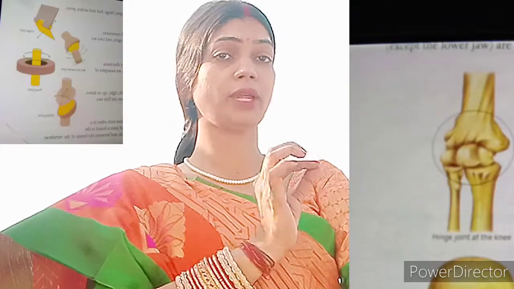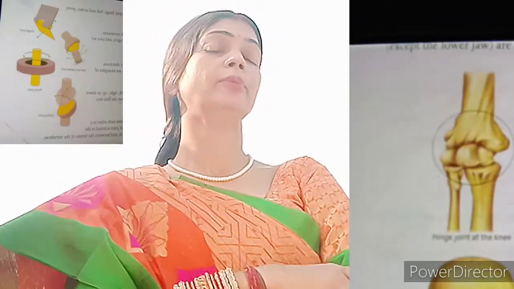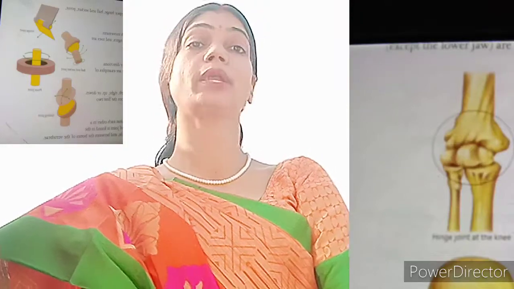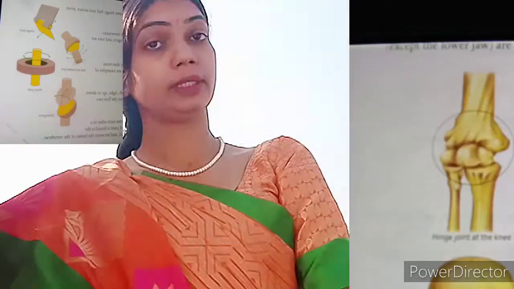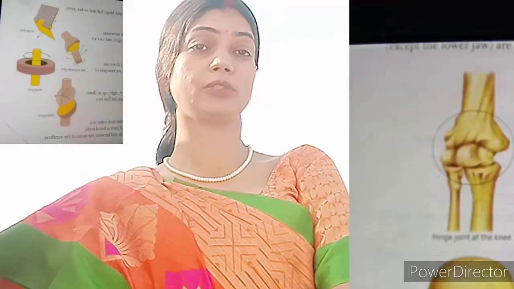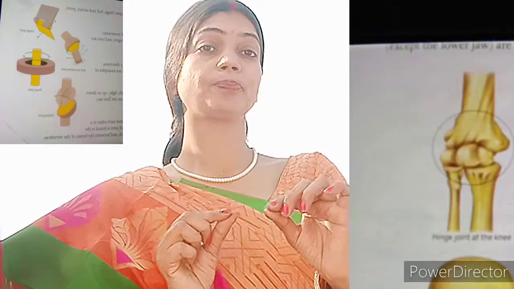First is the hinge joint. From the name it indicates that, like you have seen a hinge in a door, the joint in our elbow and the joint in our knee are called hinge joints.